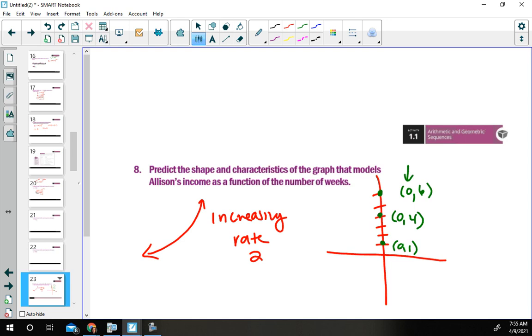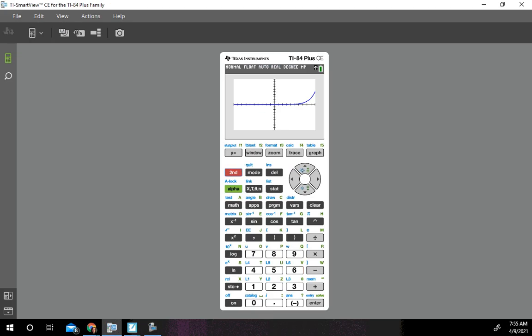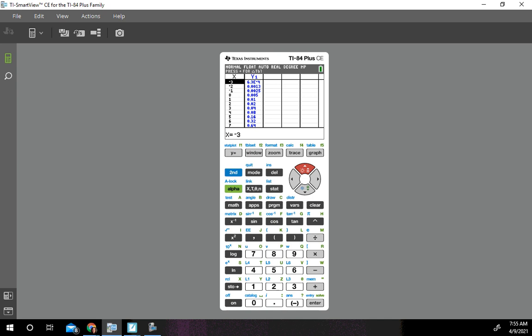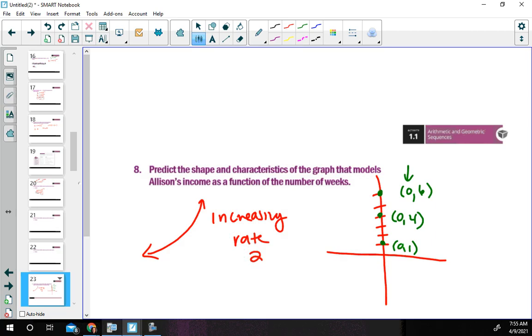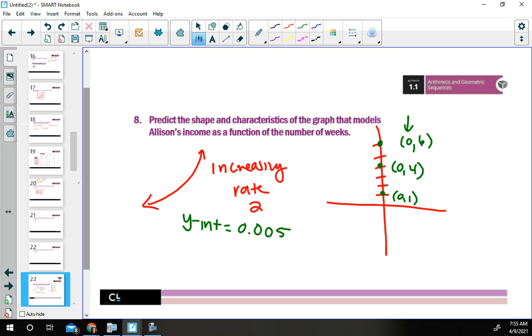All of those x values are 0. So if I look where my x value is 0, if I plug 0 in for x, I should find my y-intercept. So if I go back here and look at my table, okay, my y-intercept is 0.005. Yep, which is what we found earlier. At time 0, it was 0.05, or half a cent.